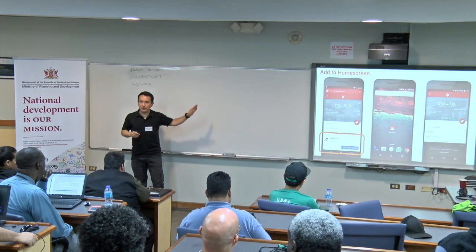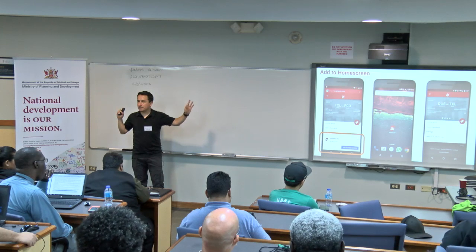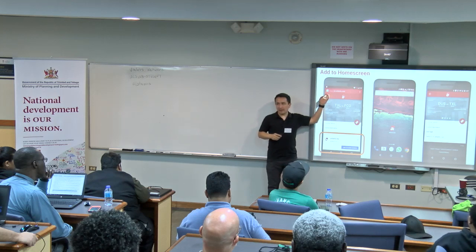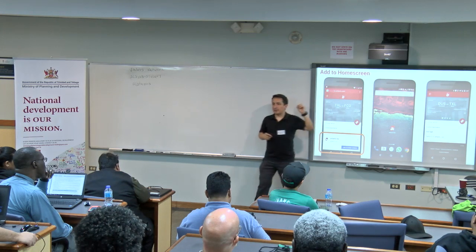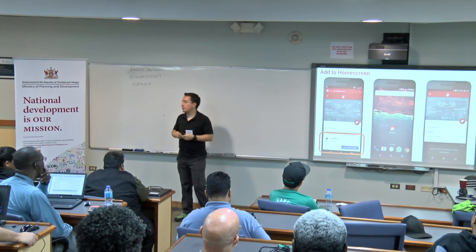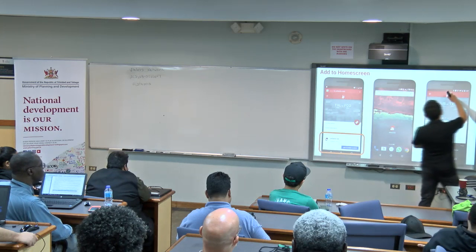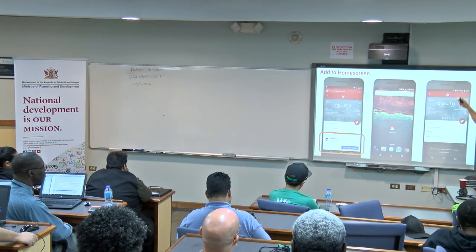Can you see the difference between right and left? The difference is that here, this is a browser tab, so you get the browser address, and you can go to some other part of the web. And here, you don't see the browser. It's just the progressive web app.